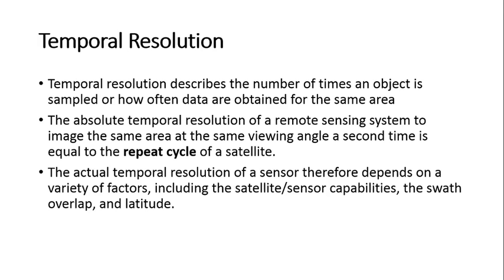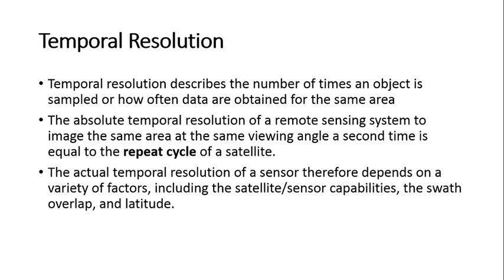Temporal resolution describes the number of times an object is sampled, or how often the data are obtained for the same area. Once again, I'm repeating it: temporal resolution describes the number of times an object is sampled. Or you can also say that it describes the number of times the data is obtained for the same area.